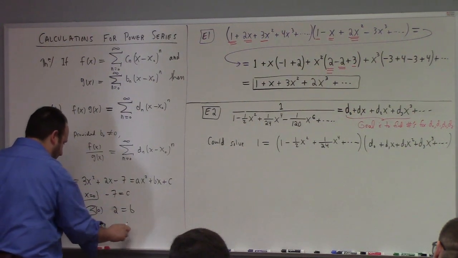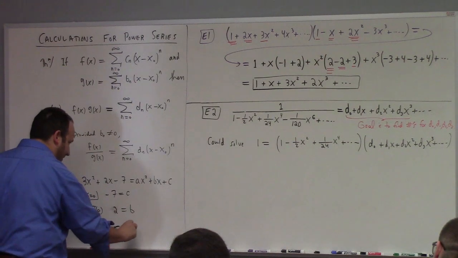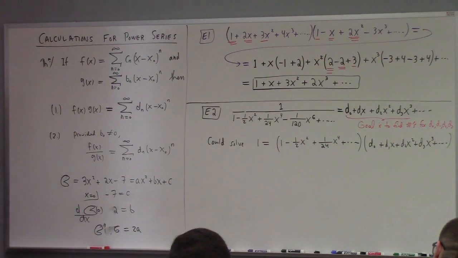On the left-hand side, you get 6. On the right-hand side, you get 2a, right? Yeah, 2a. And so there you go. a equals 3, b equals 2, c equals minus 7. We can derive that by evaluation at 0, and then differentiation and evaluation, and then differentiation and evaluation. We can work our way from the constant coefficients all the way up the chain by systematic evaluation and differentiation. We can show that the coefficients of a polynomial have to match if they're equal.